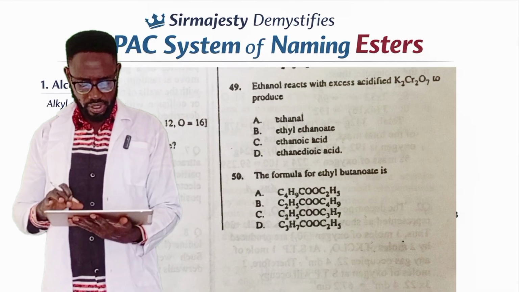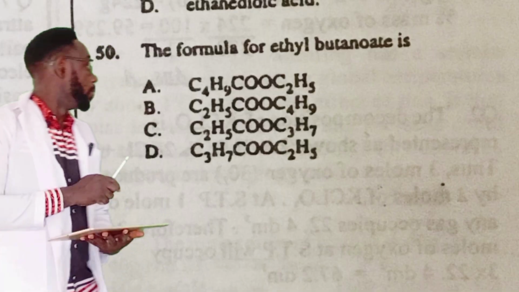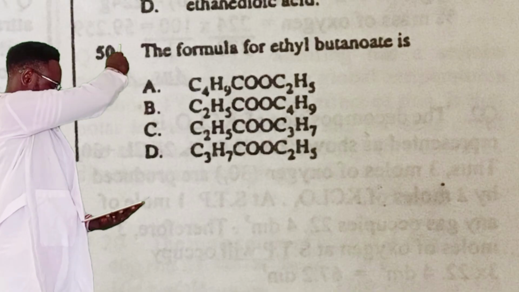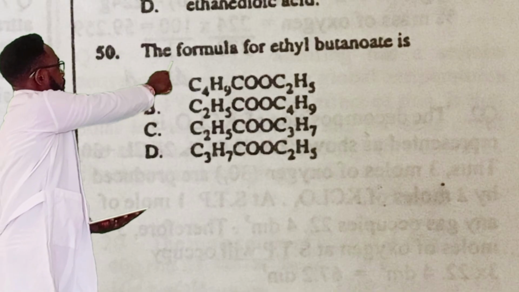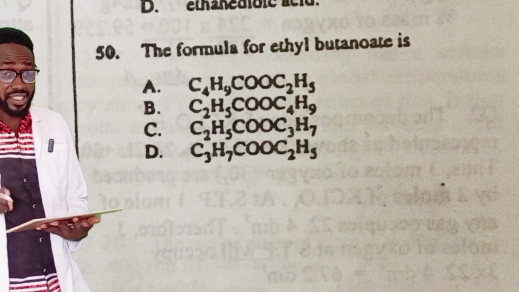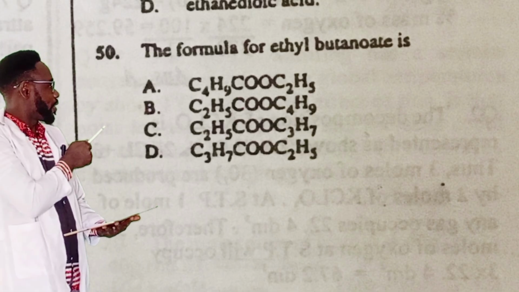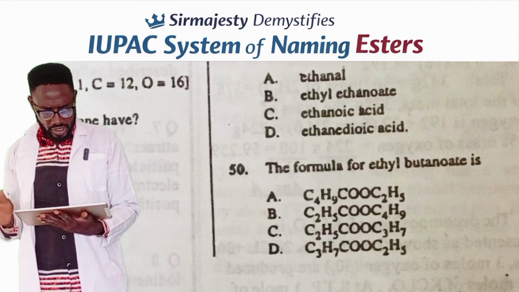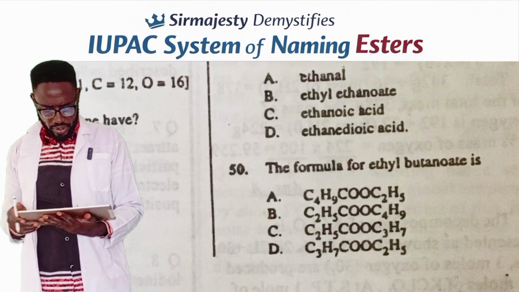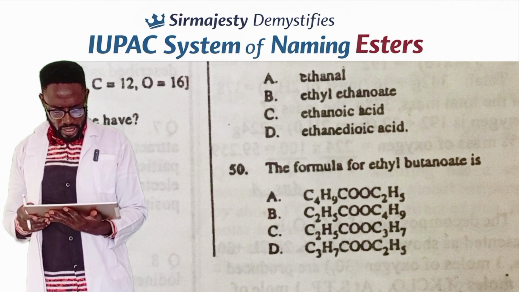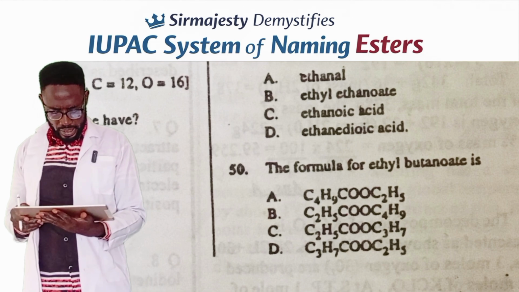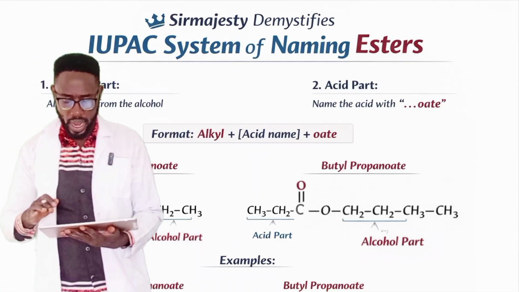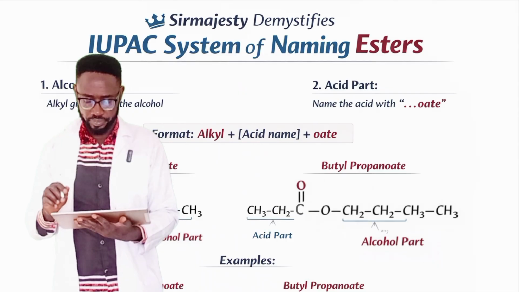As you can see on the screen, I'll be going with question number 50, which says that the formula of ethyl butanoate is, they gave us options A, B, C, and D. Looking at this question, the answer is D. Option D is ethyl butanoate, but I will teach you how and why D is the answer.